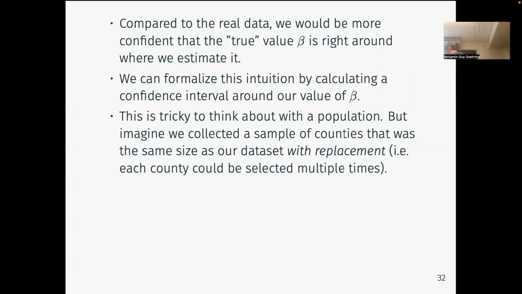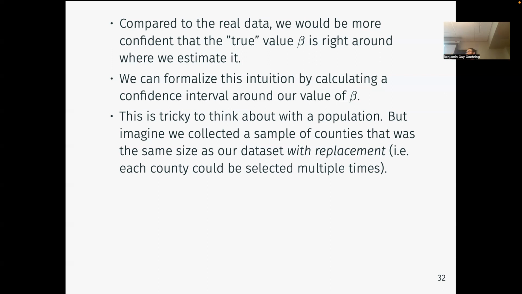But imagine that I have a big bag and I have all of my counties in my big bag. Let's just say there's 3,100 counties. I'm going to put all my 3,100 counties in my big bag, and I'm going to draw out 3,100 counties, and I'm going to calculate the slope.